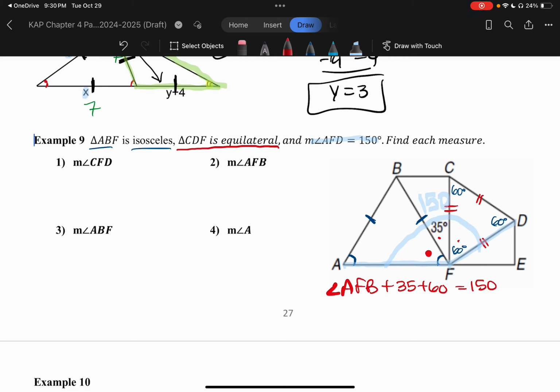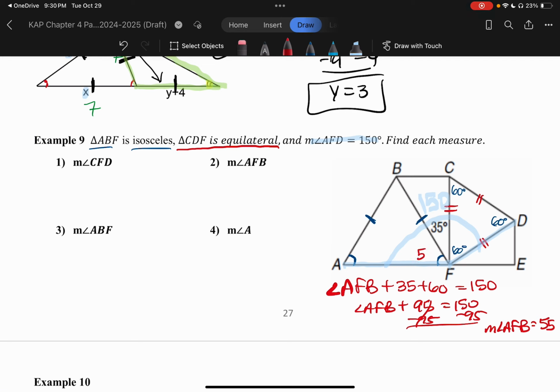So here we just solve for angle AFB. 35 plus 60 would give me 95. So angle AFB plus 95 is equal to 150. If I subtract 95 on both sides, that'll tell us that the measure of angle AFB is equal to 150 minus 95, which is 55.